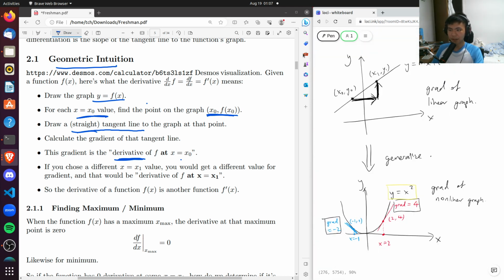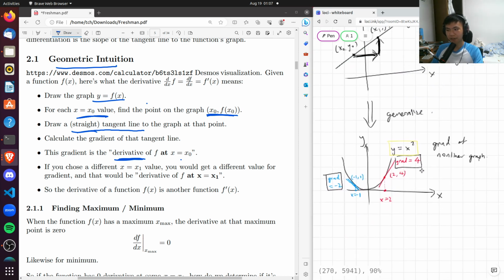Before we go on to differentiation, I just want to emphasize that the linear graph's gradient can be described by a single real number. The gradient is a single real number, in this case m. And whatever 2 points we pick on the linear graph is going to give me the same gradient.